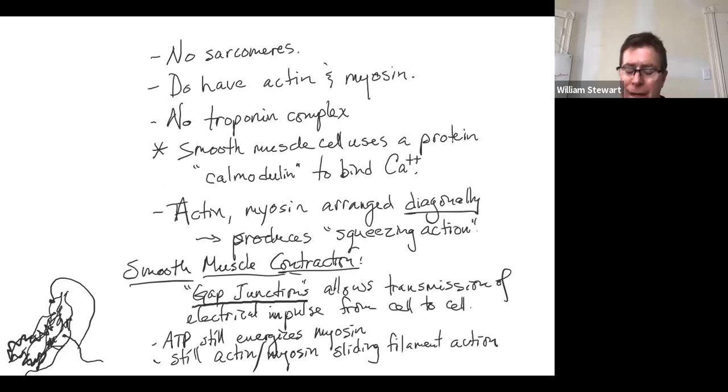So it's similar, but not exactly the same. The process is similar, but the steps are a little bit different. I'm just going to hit in one more page and we'll be finished. So here's what happens during a smooth muscle contraction. Here's a very short Reader's Digest laundry list.